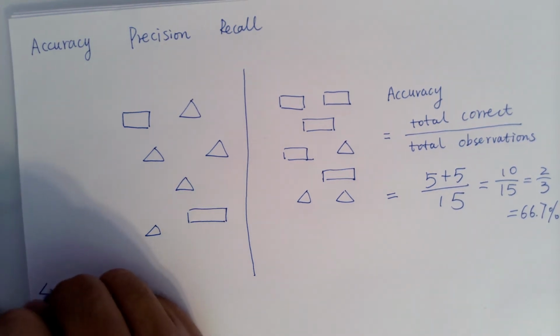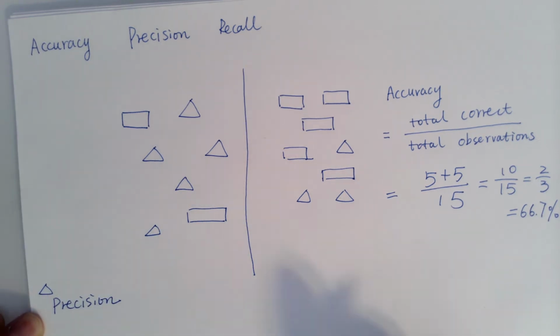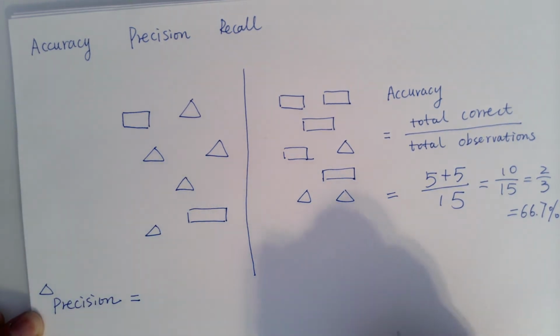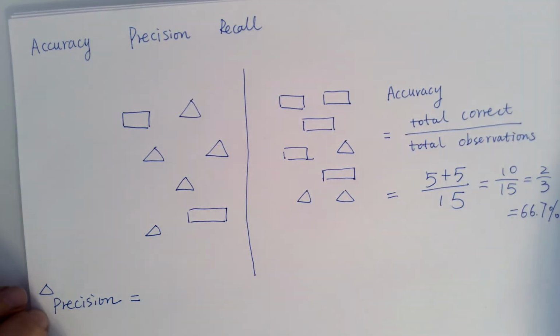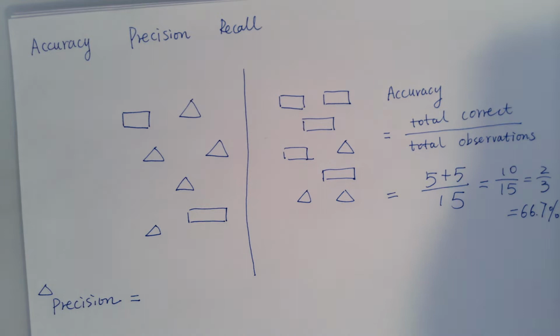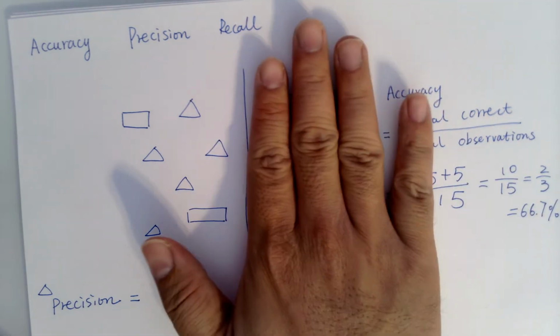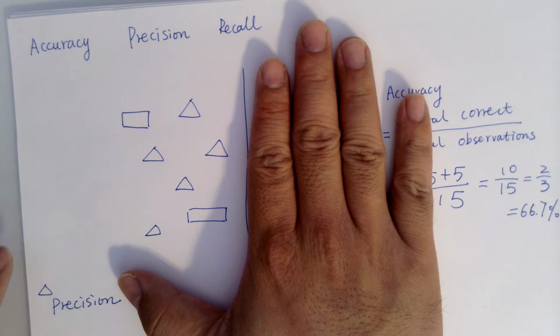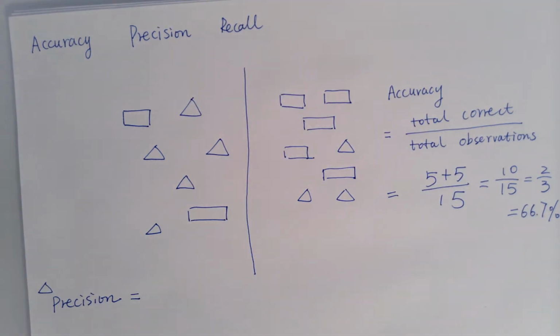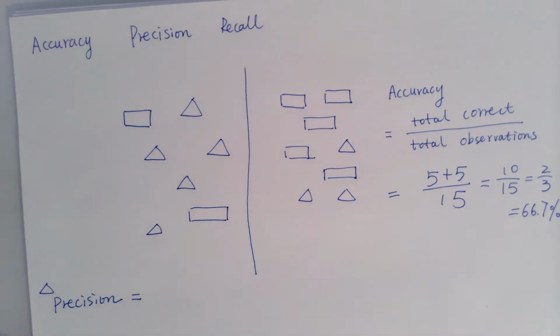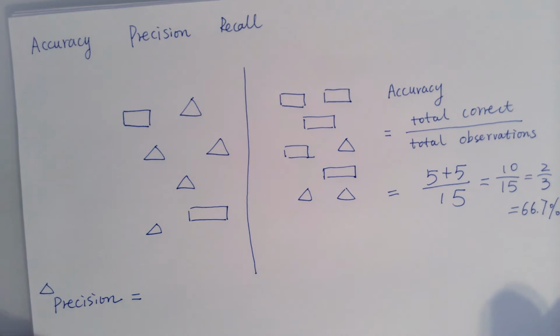We will only look at this left-hand side. The meaning of precision is: out of the predictions the model made for this class, what is the proportion that is correct?